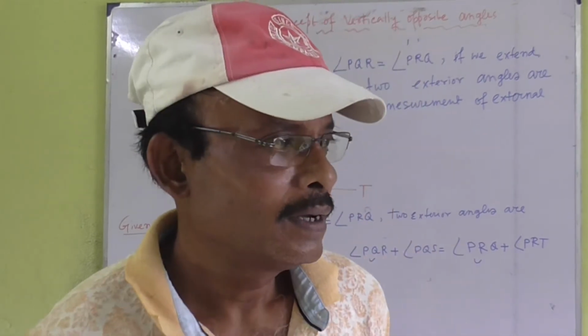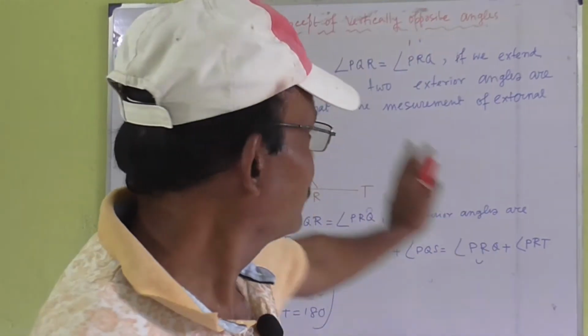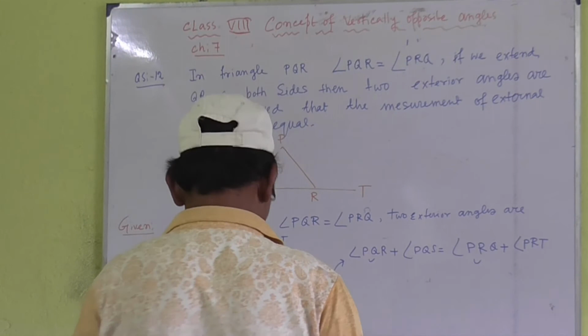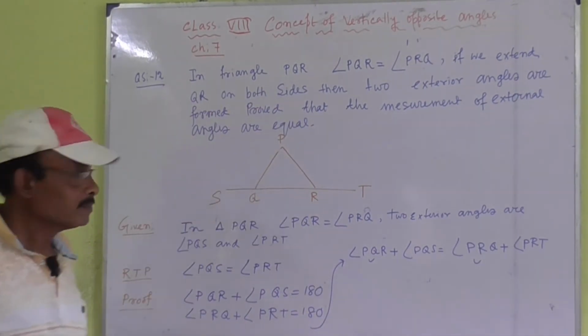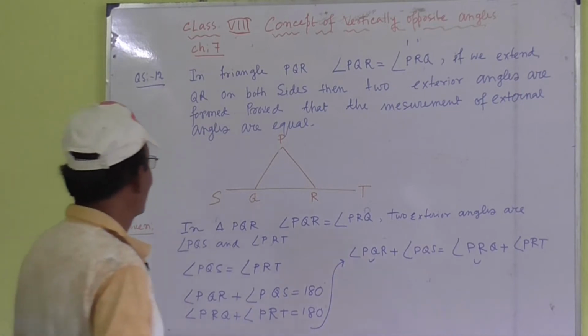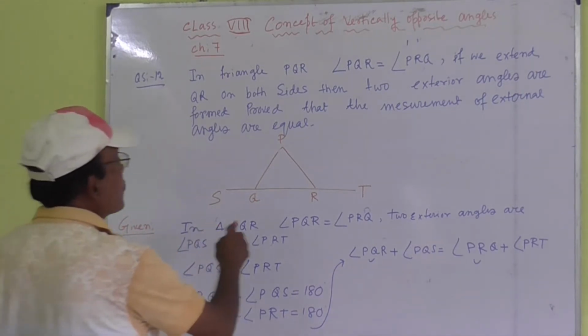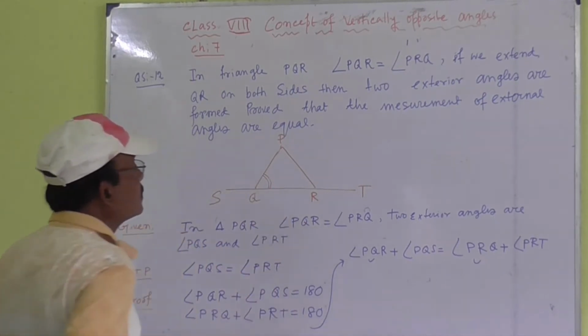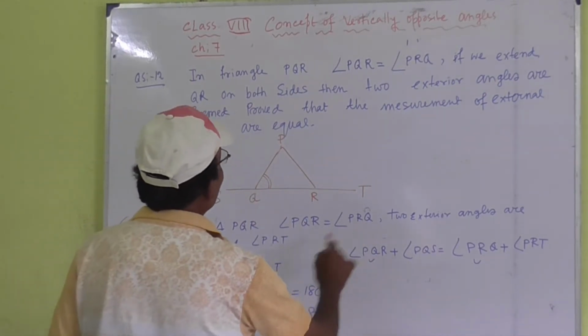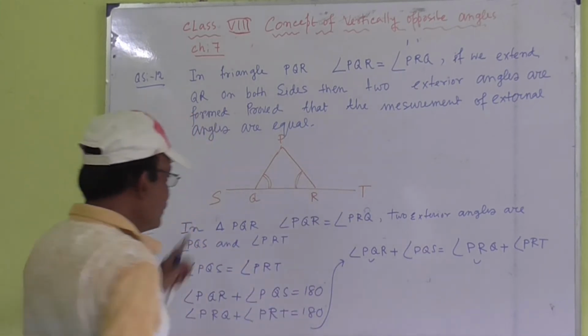Now, I will discuss the next sum. Okay. Here, this is a triangle named PQR. Clear? Given that angle PQR, this angle, equal to angle PRQ, this angle, it is given.